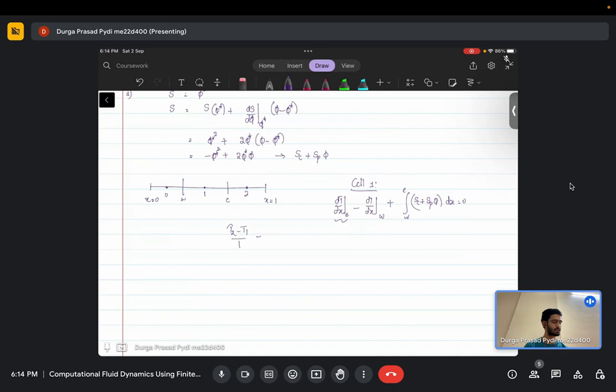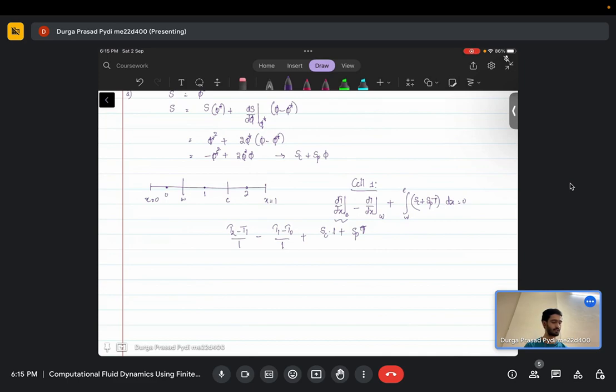minus on the west face T1 minus T0 where delta x is 1, plus here you have an SC times delta x, plus the other term we will just take the linearized form, so it will be SP times, okay, it should be consistent, we are following the notation of T. So SP times T of that current particular cell.